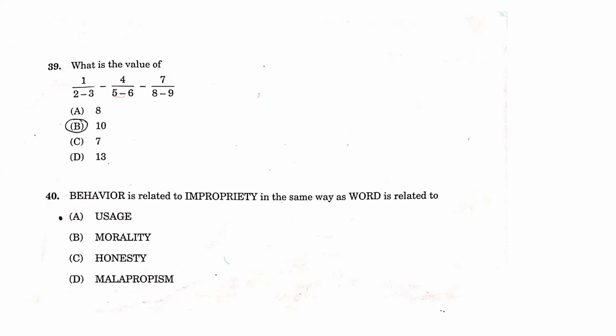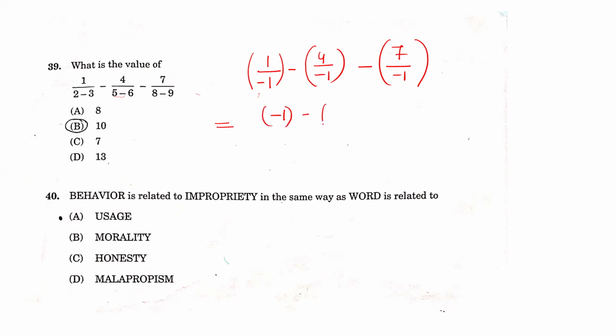Simply we can solve this: 1 by minus 1, minus 4 by minus 1, minus 7 by minus 1, which is equivalent to minus 1 minus 4 minus 7, which is equal to 10. 1 minus 1 plus 4, which is minus 3, minus plus 7.